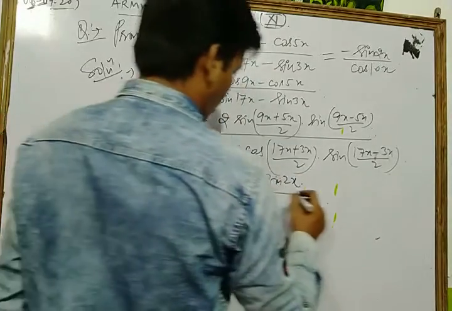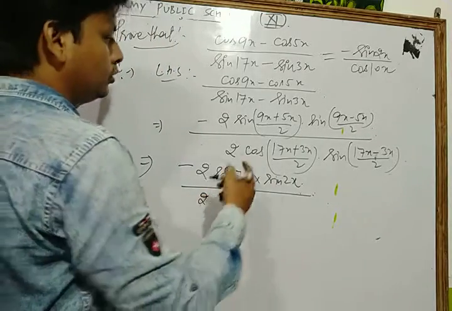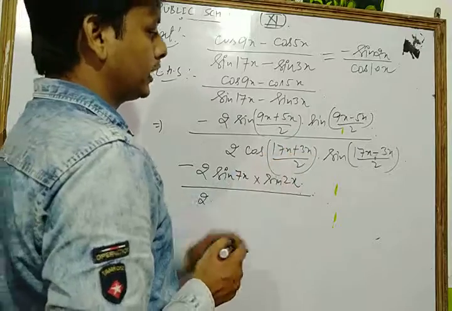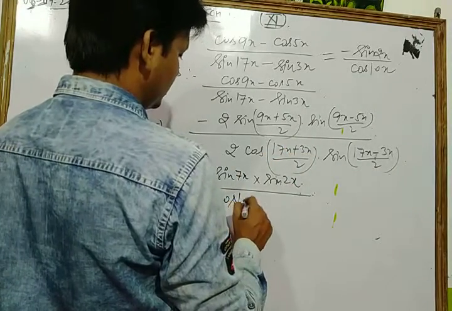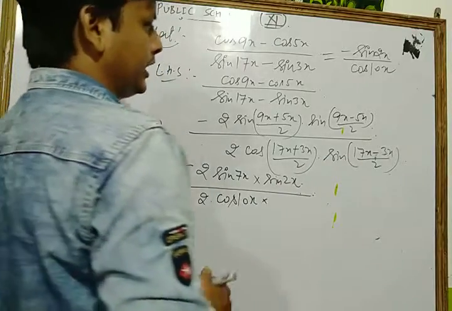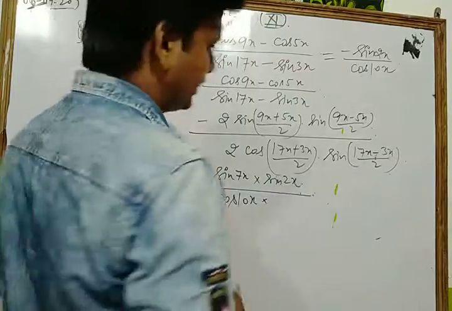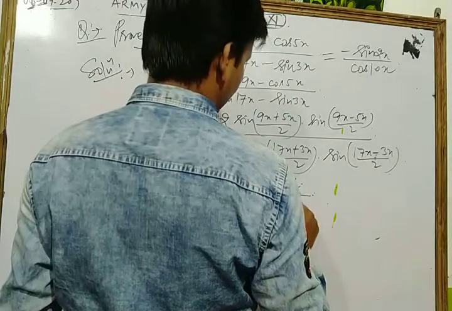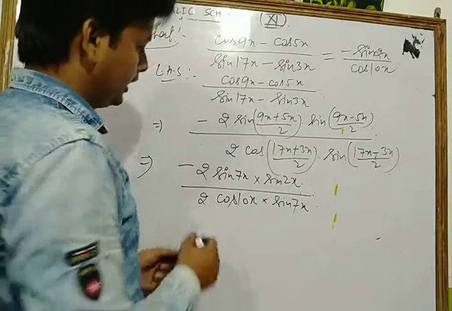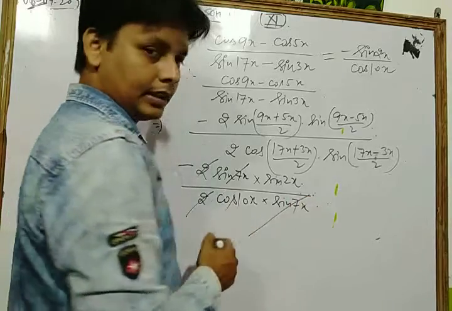Okay, upon, in the denominator, 2 into 17x plus 3x, that is 20x, 20x upon 2, that is 10x, cos 10x, into here 17x minus 3x, that is 14x, 14x upon 2, that is 7x. So here we get sin 7x. Now let's see. Here the 2s cancel out, sin 7x and sin 7x cancel each other.